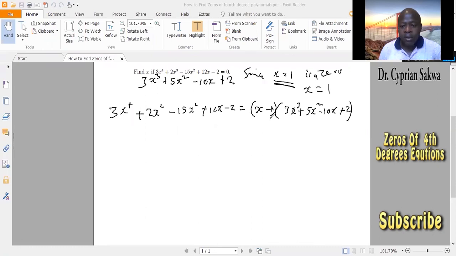This is what we have so far. That we have factorized this to be this.